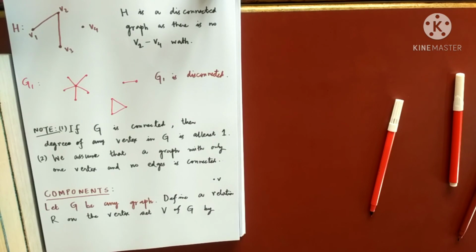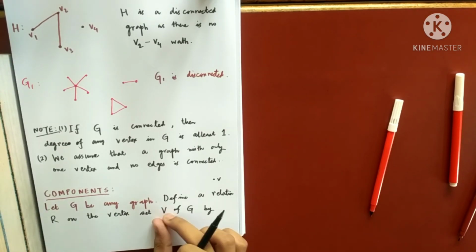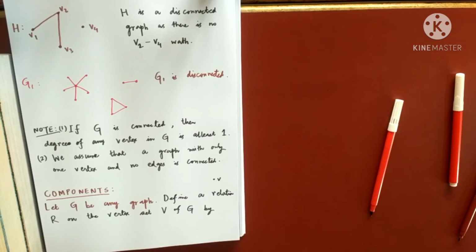So you see what I am doing, I have some graph G. Just consider the vertex set of that graph. The vertex set will comprise some finite number of elements, suppose v1, v2, v3, vn. On that vertex set, I am defining a relation. That means I will relate one vertex to another vertex by some relation. So by this.